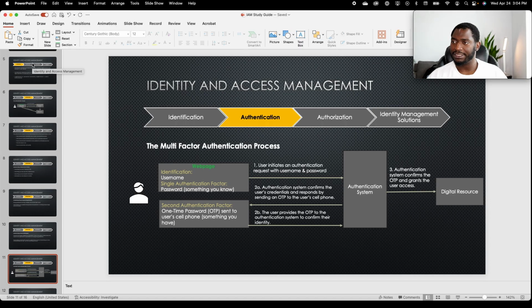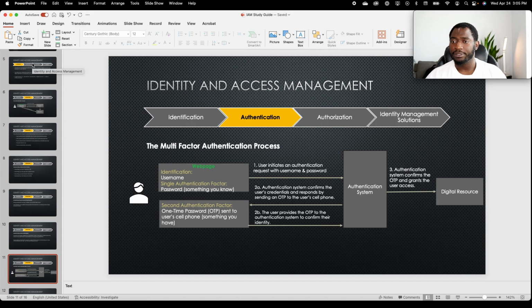So in the diagram below, you can see that the authentication process is a little bit more complex than what was shown earlier. This is still fairly simple, but just a little bit more complex than what was presented earlier.